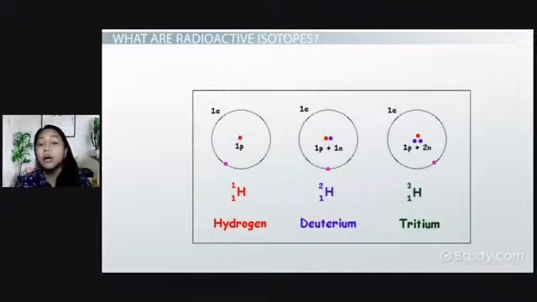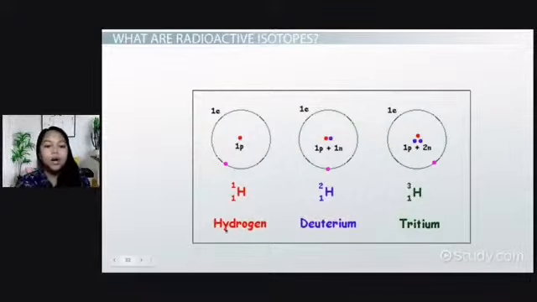Remember your 3 subatomic particles, you have the protons, the neutrons, and the electrons. Yung protons mo is positively charged, your neutrons are neutral, while your electrons, which can be found in your electron cloud, are negatively charged. Now, if you are looking at these different types of isotopes for hydrogen, lahat sila hydrogen.